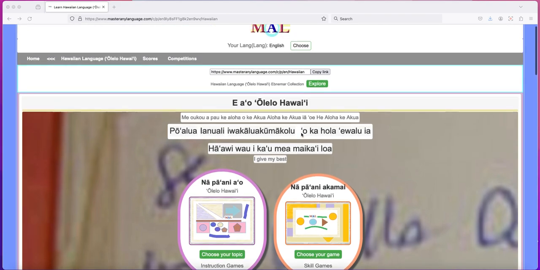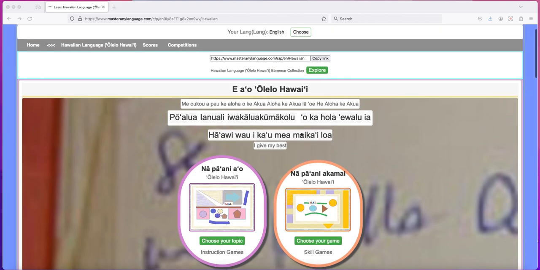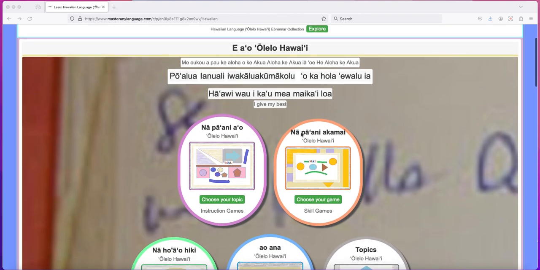Now let's do the Hawaiian language, the Lord's Prayer, learned step by step.